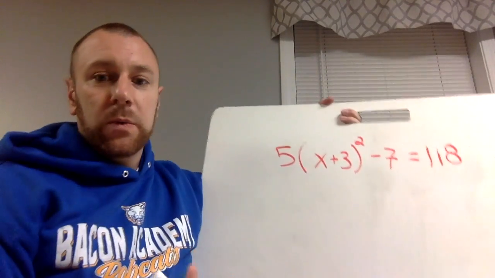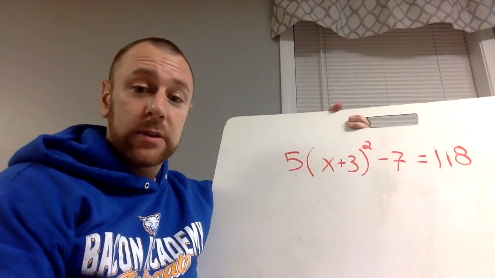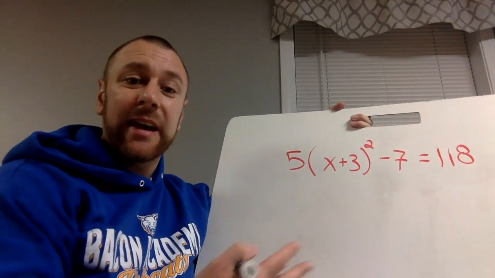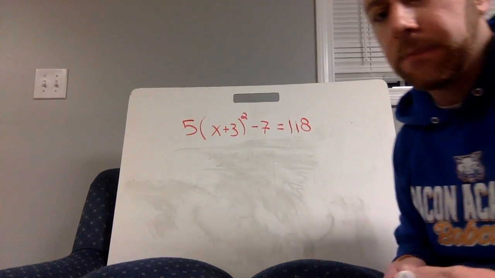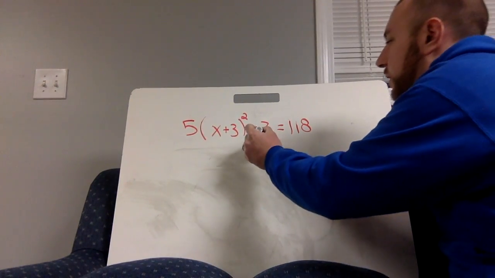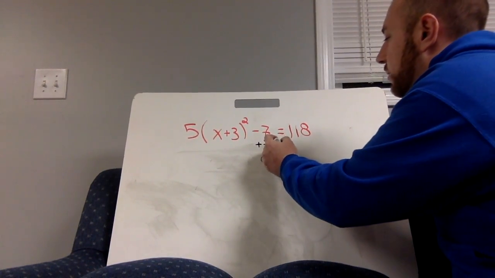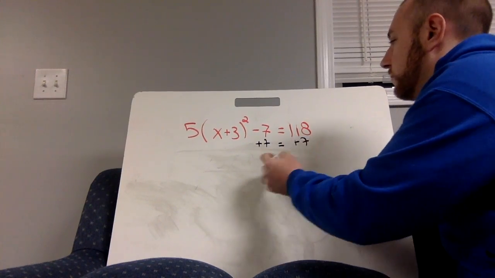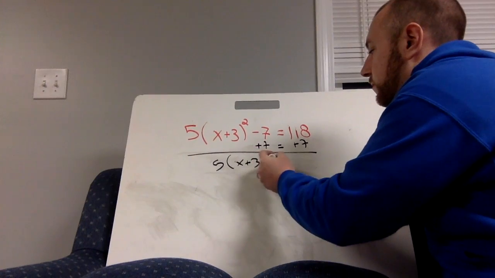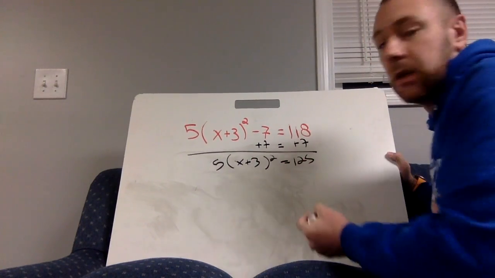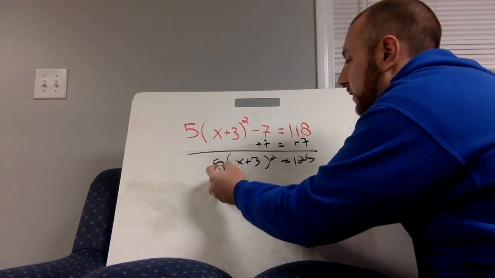And then we have the harder ones, which most students get a little bit mixed up with. So let's go through this one in detail. The first thing I'm going to do is add 7 on both sides. And then I'm going to divide by that 5.